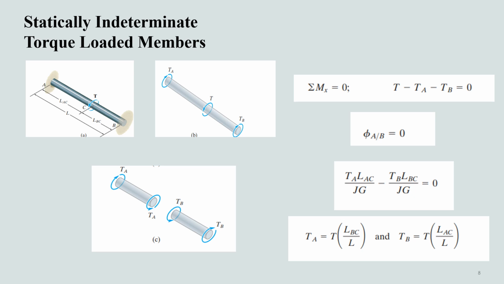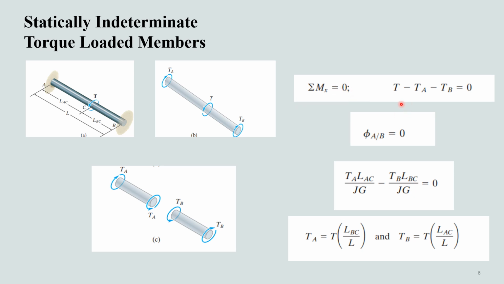Sometimes a torsionally loaded shaft may be classified as a statically indeterminate shaft if the moment equation of equilibrium is not sufficient to determine the unknown torques acting on the shaft. For example, you can see here that this shaft is fixed, supported on both the ends, and if we take a section of this shaft at any location, then we apply the summation of moment in the direction x is equal to 0.